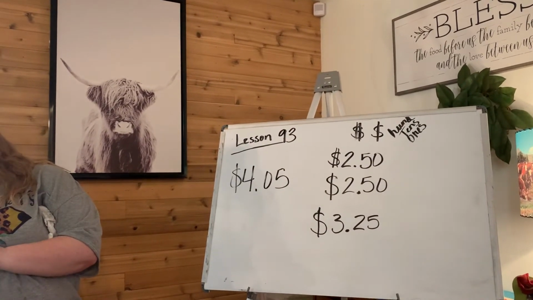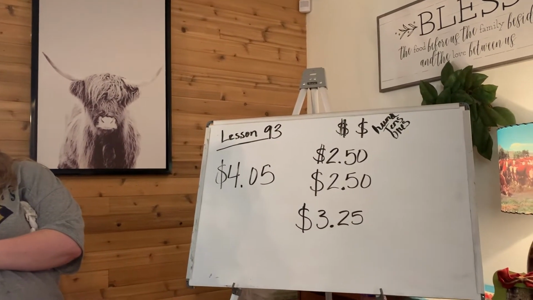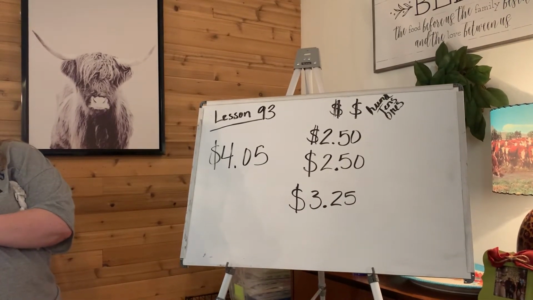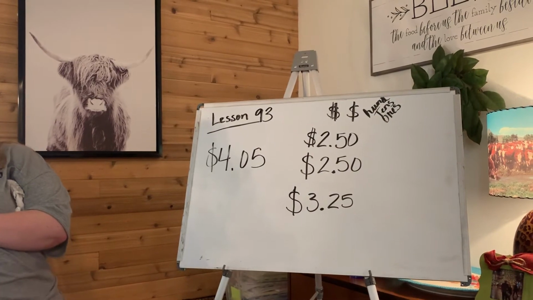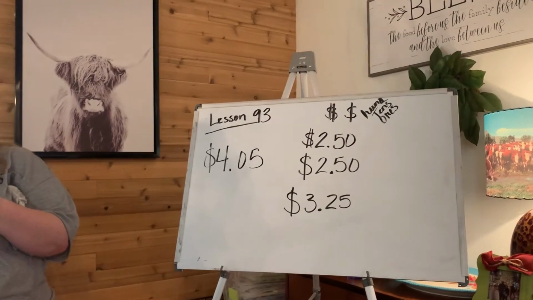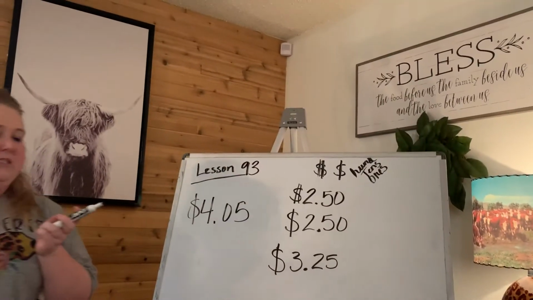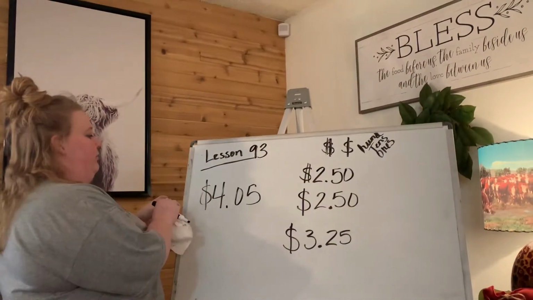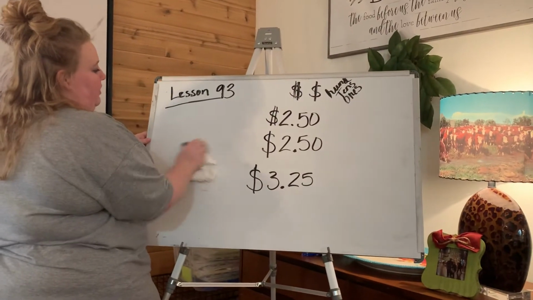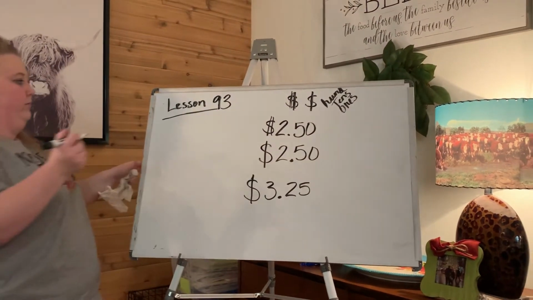All right, so let's do the next one. We're going to write the next one with a decimal point, okay? We're going to write 63 cents using a dollar sign. Have you ever written 63 cents using a dollar sign before? No, you haven't.